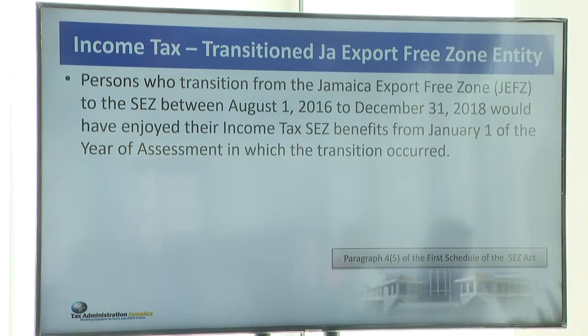All right, so let us look specifically now at the transition in free zone, the transition in export free zone entity. Now, persons who have transitioned from the free zone into the Special Economic Zone between August 1, 2016 to December 31st, 2018, you would have enjoyed your benefits from January 1 of the year of assessment in which the transition occurred.